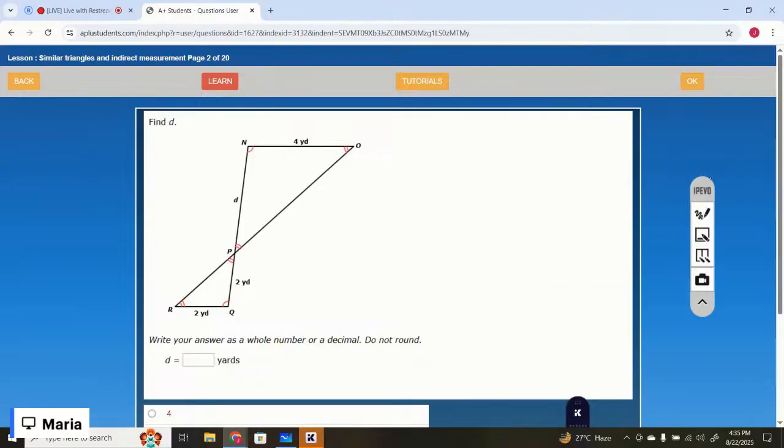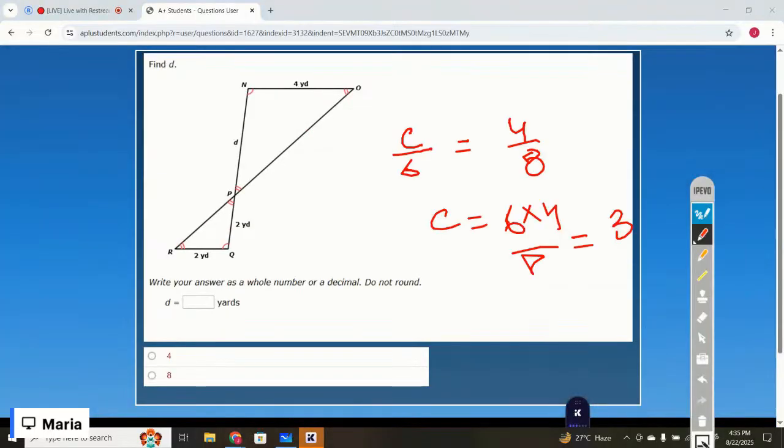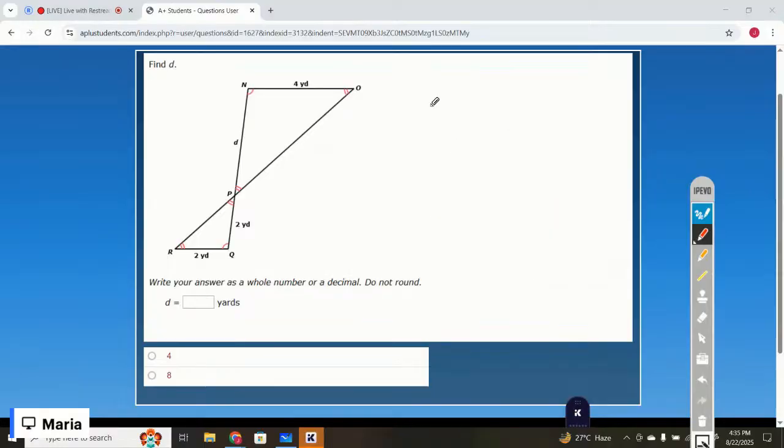Write your answer as a number. We need to find D, right? 4 over 2 equals D over 2.